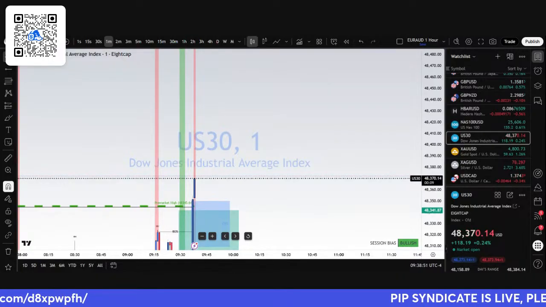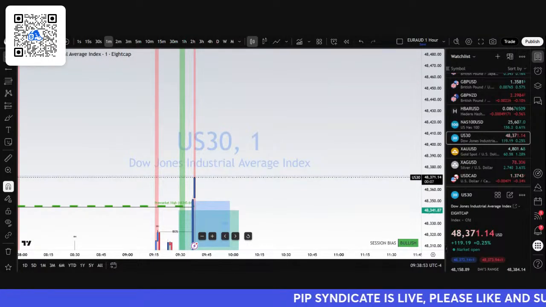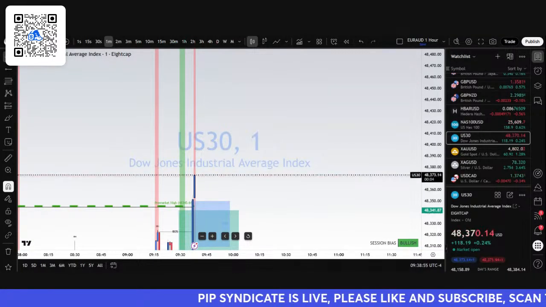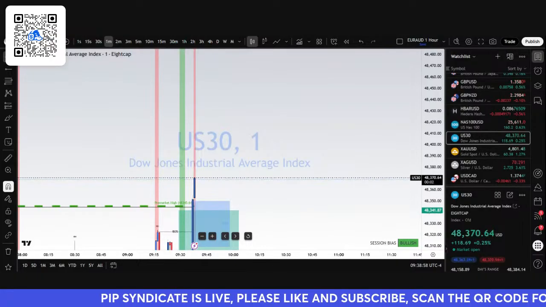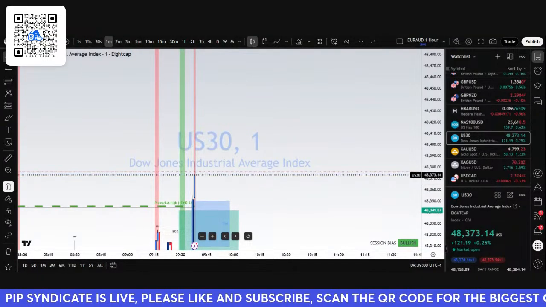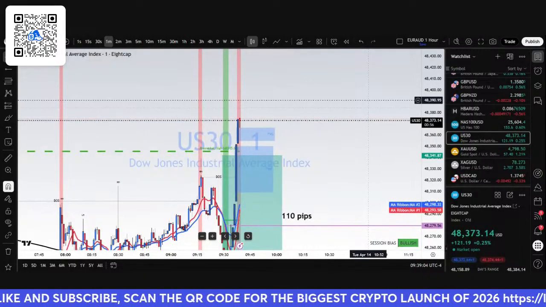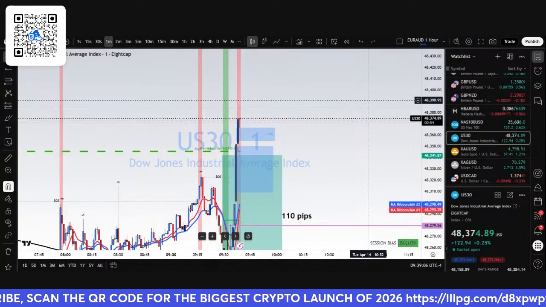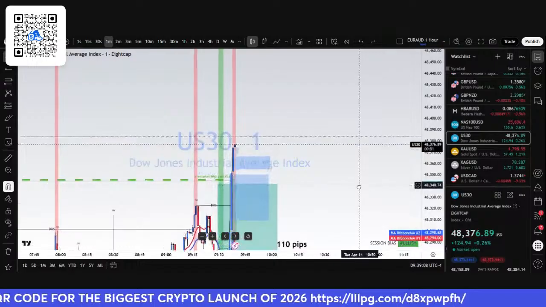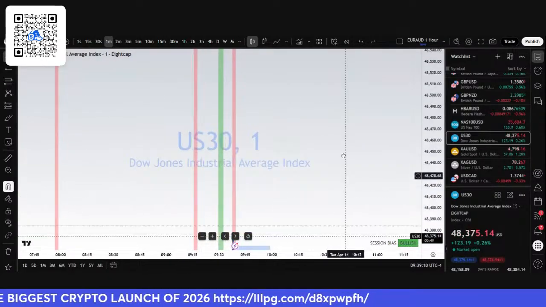All right, if you guys are still in, I'm out because I had my TP set. I don't know if it's going to keep going or if this is just a big sweep, big show. But I'm out, guys. So 110 pips on that one, man.